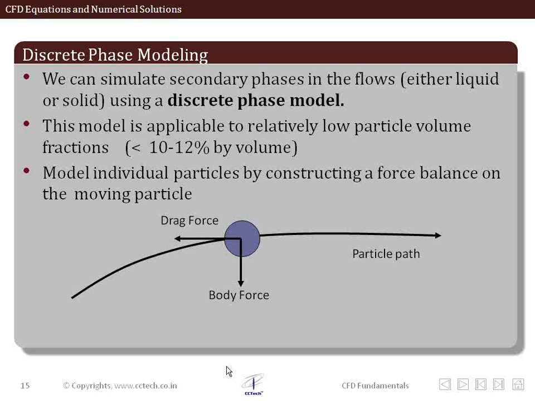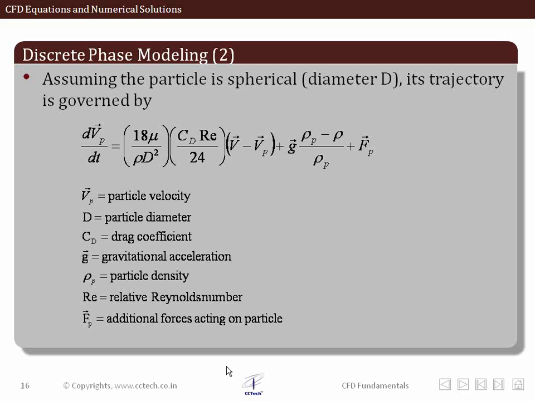The particle experiences a certain set of forces called body forces, because of the field in which it has been placed, and because of the velocity field of the fluid, it also experiences a drag force. This is what the ordinary differential equation representing the velocity of such a particle looks like.